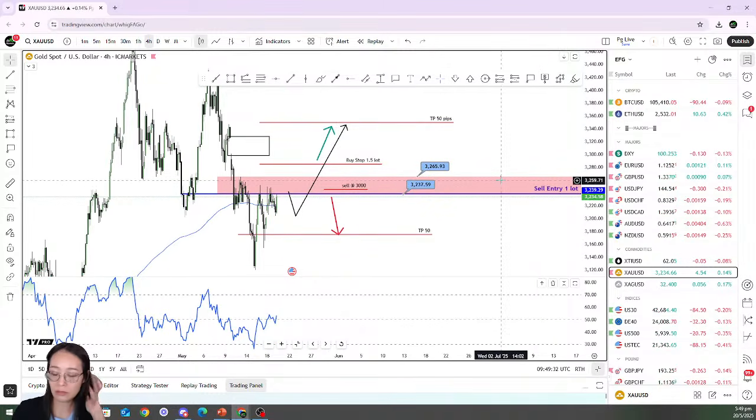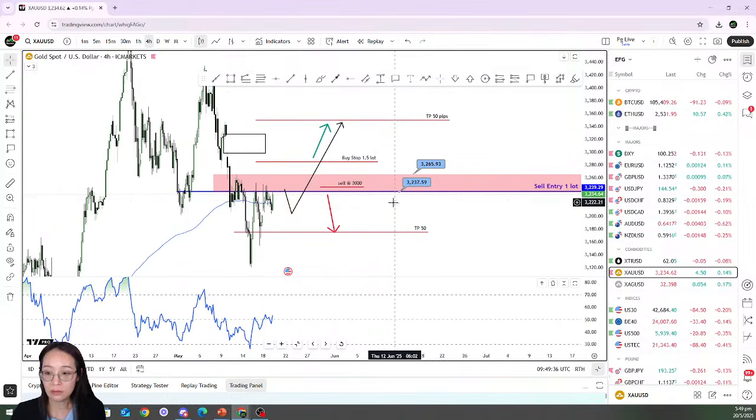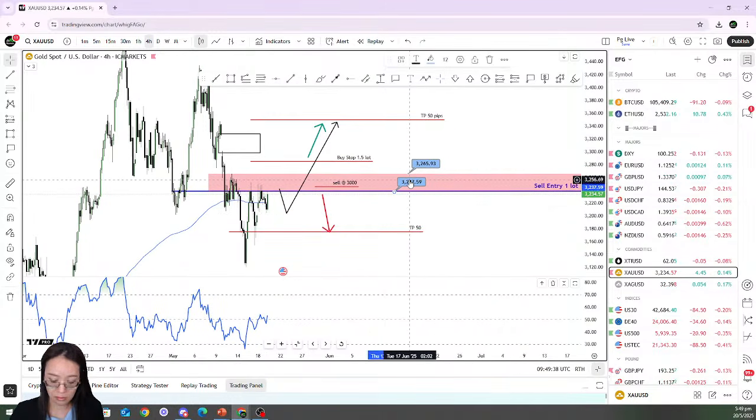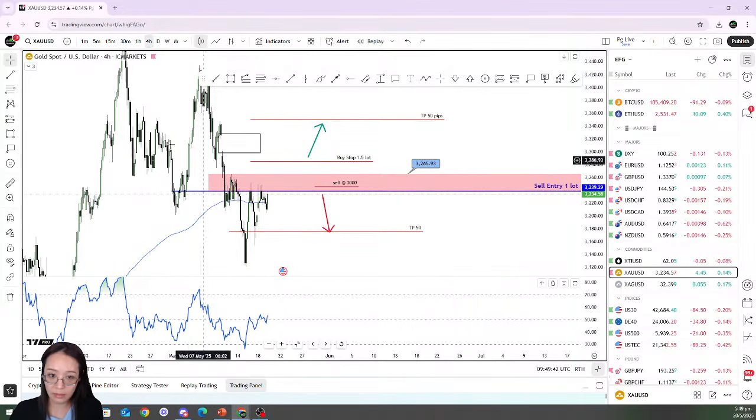Sell here one lot, and then you can put a buy stop 1.5, and let's say another one.